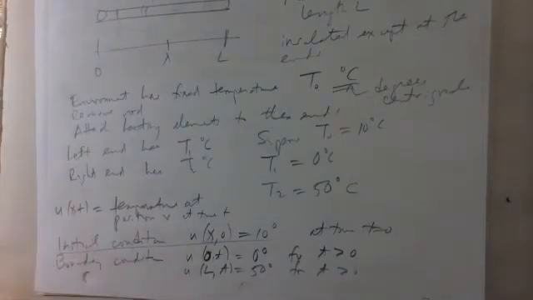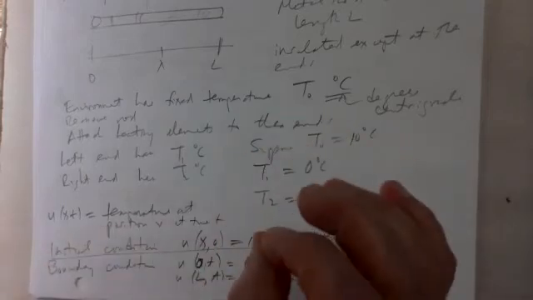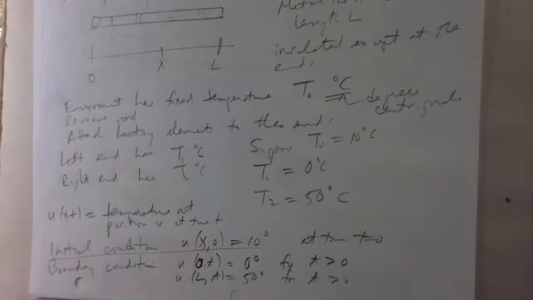You have to understand the physical picture, because this is very beautiful and very simple. You have a metal rod at 10 degrees everywhere in the rod. So the initial temperature distribution is, at time 0, u of x comma 0 is equal to 10.